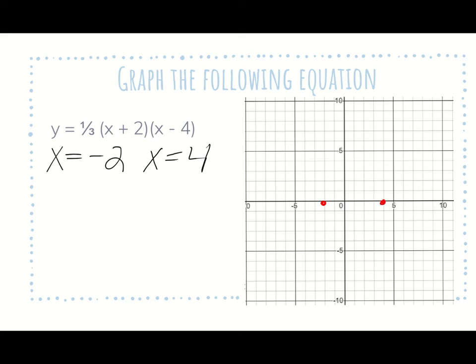Well, we know the axis of symmetry goes through the vertex, which is directly in the middle of these points. So our vertex, the x value is going to be halfway between -2 and 4.